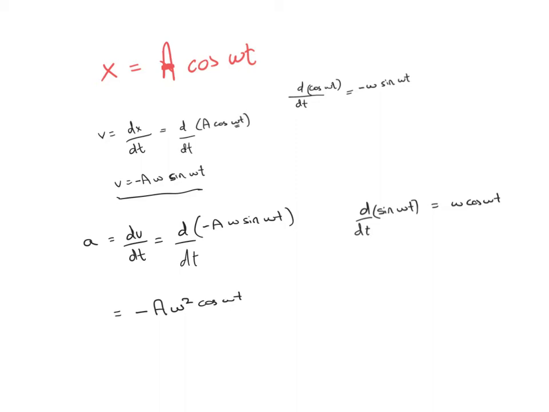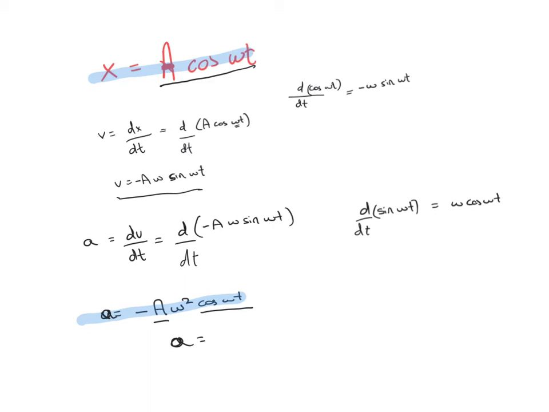Now, if we look at the three expressions that we have, we only want to look at this one and this one. So we're just simply comparing them. You can notice that a cos omega t is the same as x. Sorry, that's acceleration. I don't know why I wrote v.